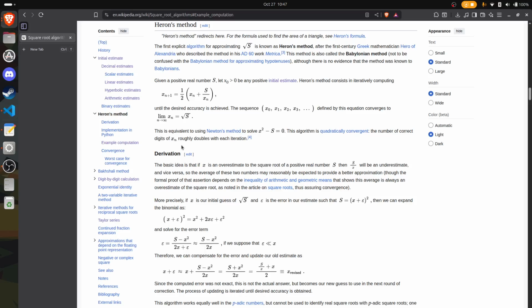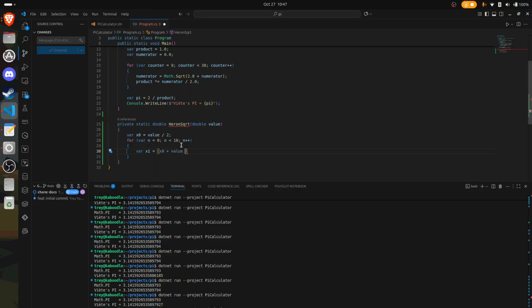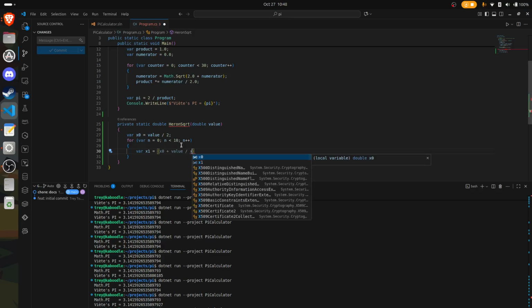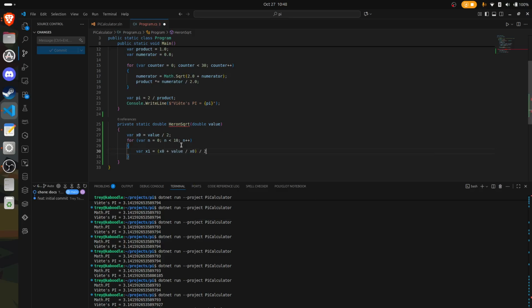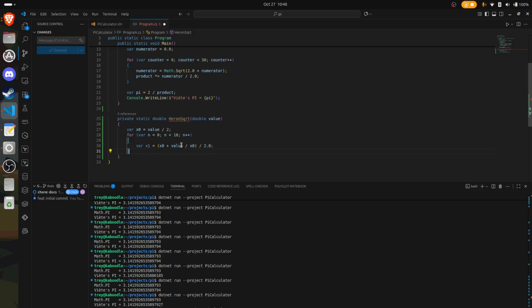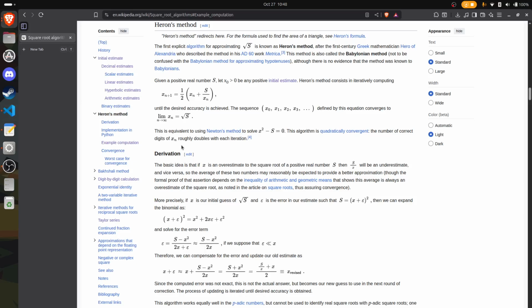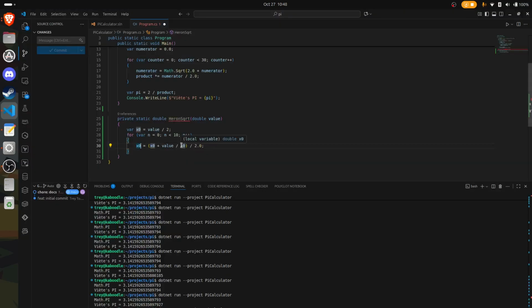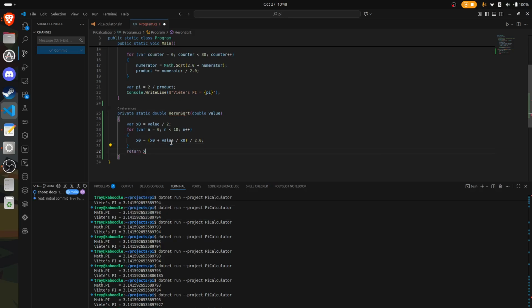The next value of x equals the previous value of x plus the value divided by the last value of x, all that divided by 2. And actually we can just reassign that to x0. Theoretically, you would just run this over and over again until you get the level of accuracy you're looking for. And theoretically, that's all there is to it.